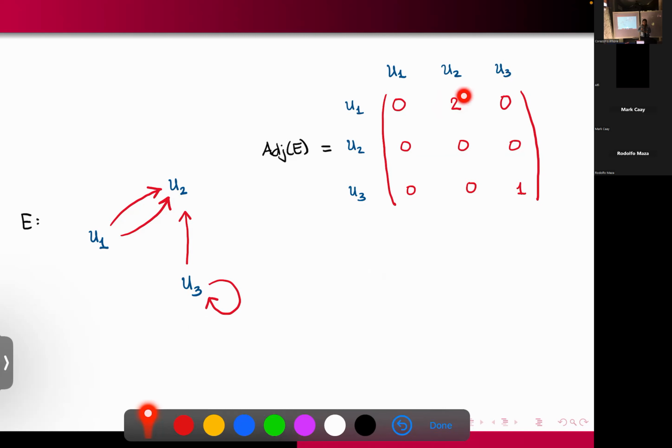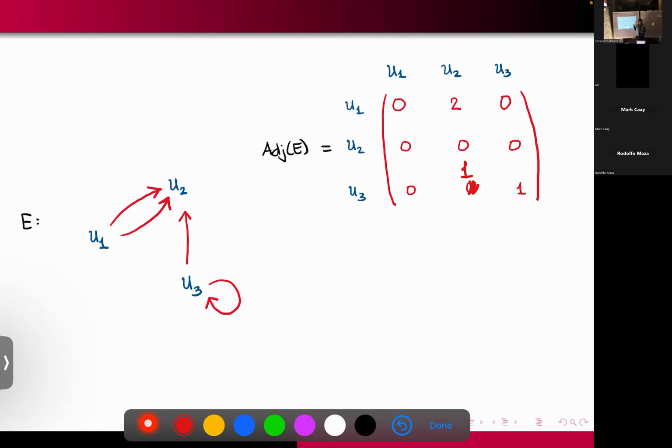This is 2 because in your graph E, there are 2 edges pointing from U1 to U2. And there is 1 in entry 3, 3 because there is 1 edge coming from U3 going to U3. And I think I forgot this one. This should be 3, 2. So this should be 1. All right, and of course, the others are 0.